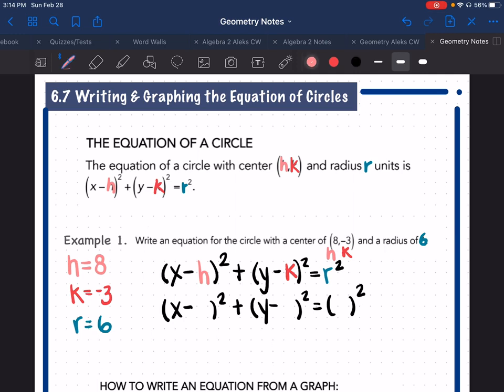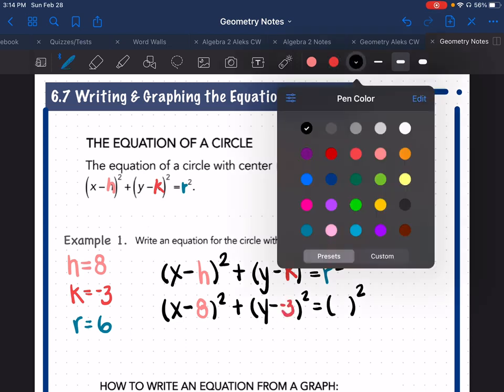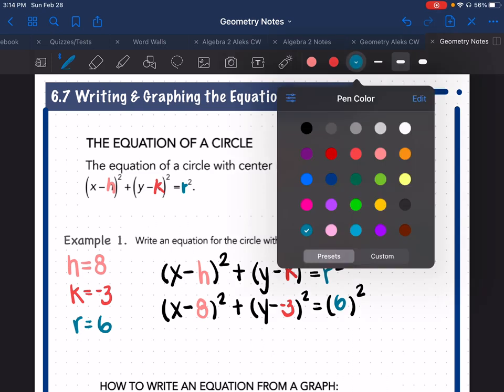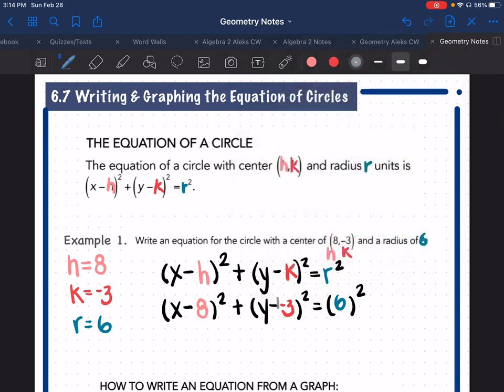All right, so this one would become 8. This one would be negative 3. And this one would be 6. Now, one thing I do notice is that right here with the y value, I have 2 subtractions, which I know are going to become an addition sign. Remember, 2 double minuses become a plus.